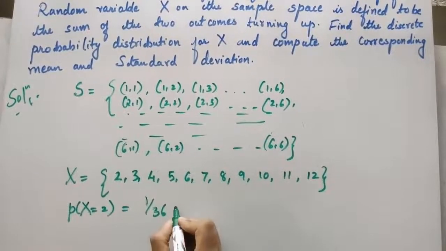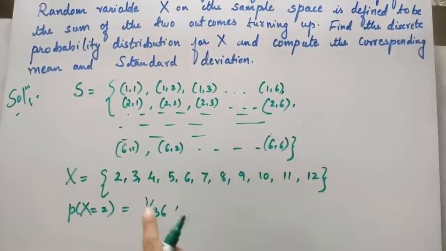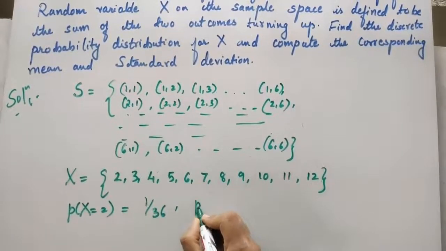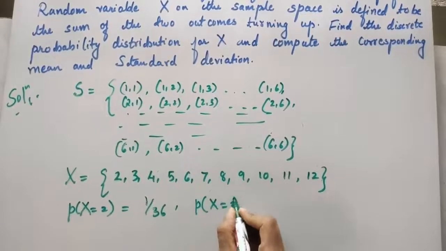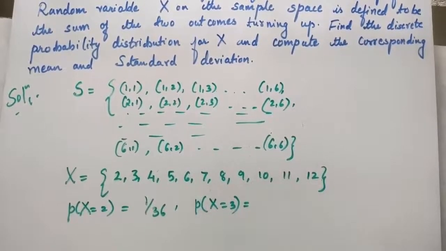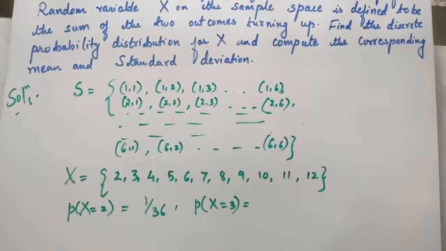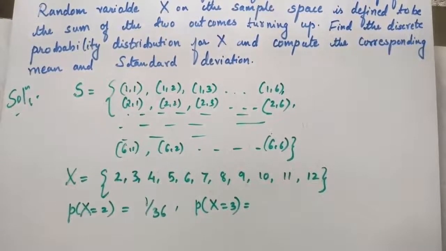Now let's continue working out the probability for each of these numbers. Now, probability when X is equal to 3. When X is equal to 3, it is possible only in 2 ways: one is (1,2) or (2,1). The addition becomes 3 there.